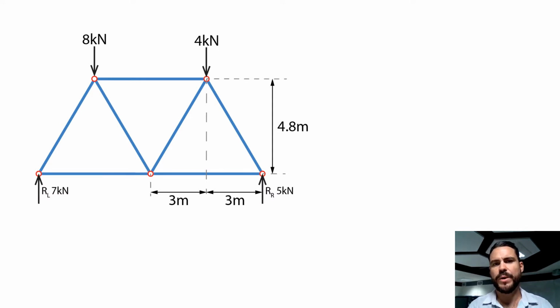Now, just a little point to note that it doesn't actually relate to this particular problem. If you were given no distances, okay, and you needed to solve the reactions, now only if the triangles that are being used are equilateral triangles, okay, so they're all 60-degree angles, you don't actually need to know the distances to solve the reactions.